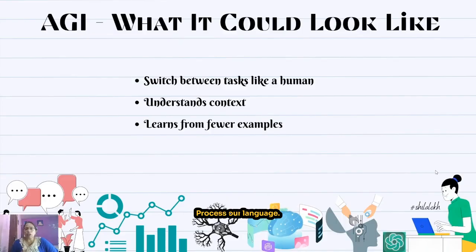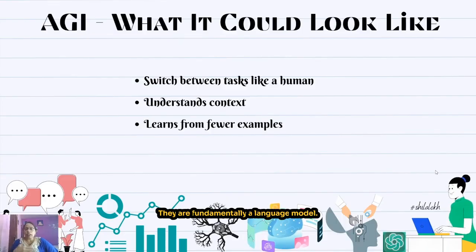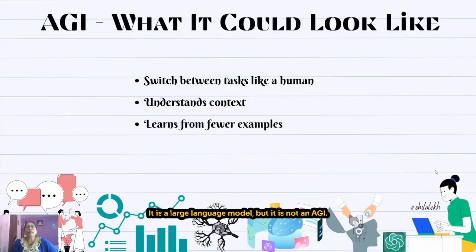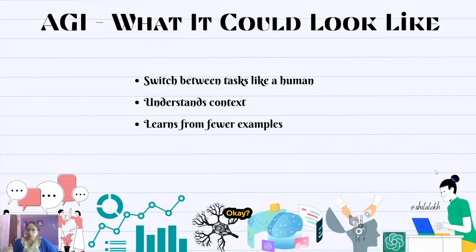Process our language. They are fundamentally a language model. So if somebody says that ChatGPT is an AGI, stop them there and then and tell them that no, it is not. It is a large language model, but it is not an AGI. Okay? So that was about AGI.